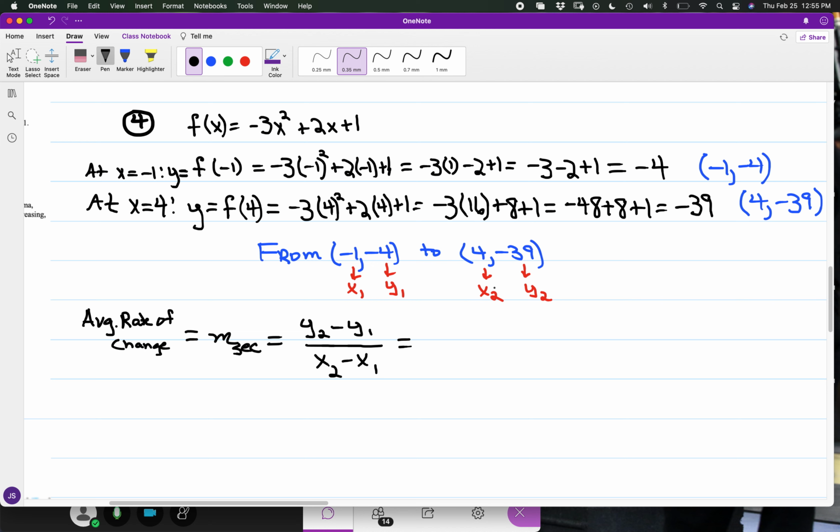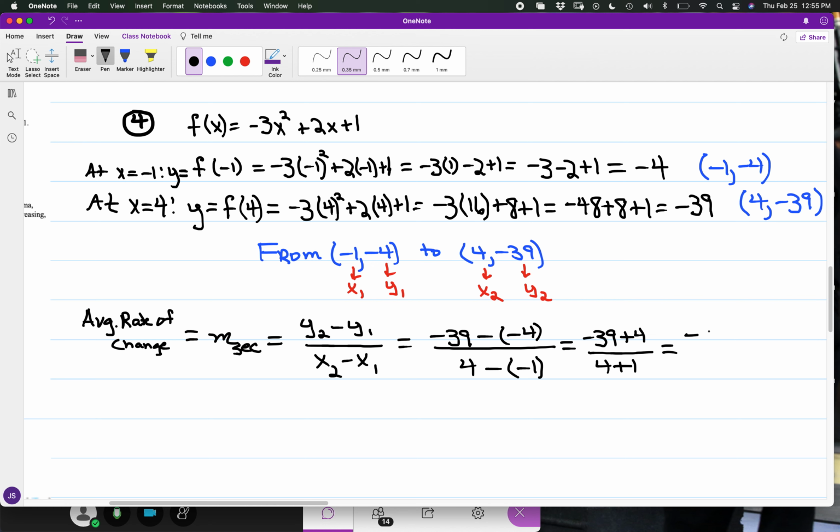So for y2 minus y1, we have y2 at -39, and we're subtracting y1, which we have at -4. And for x2 minus x1, you have 4 minus negative 1. So you have negative 39 plus 4 all over 4 plus 1.